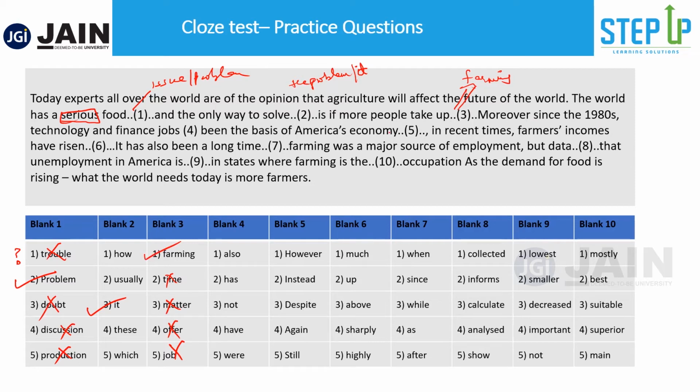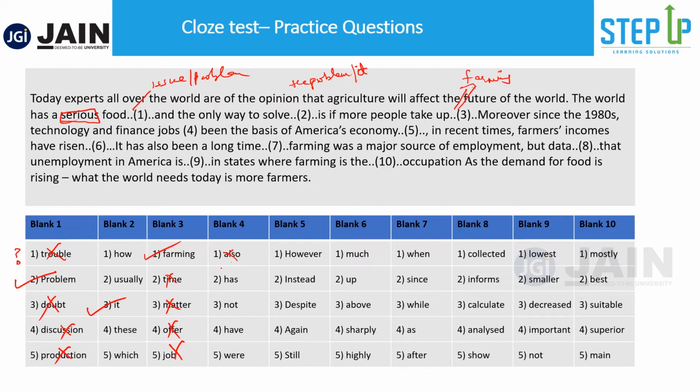Moreover, since the 1980s, technology and finance jobs dash been the basis of America's economy. Dash in recent times, farmer income have risen. Okay, so it's more like, moreover, since the 1980s, technology, finance jobs dash been the basis of America's economy. So what should be the option? So let's look at also been the basis.